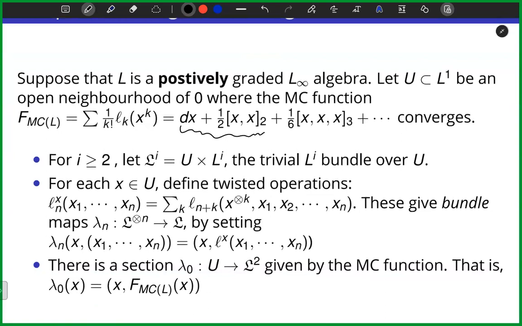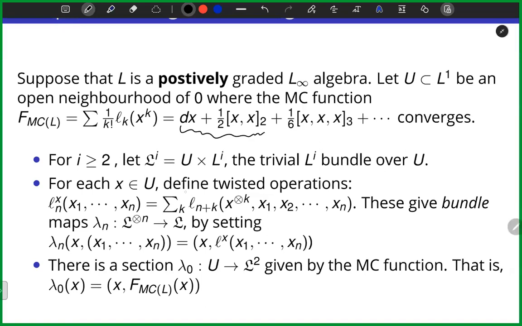And now for the parts of the L infinity algebra that start in degree 2 and up, we take the trivial bundle over this open set. And then we can twist the L infinity operations to make new operations by this formula.